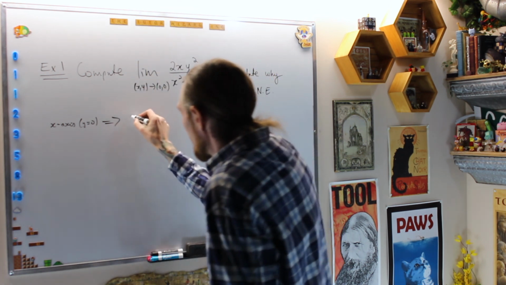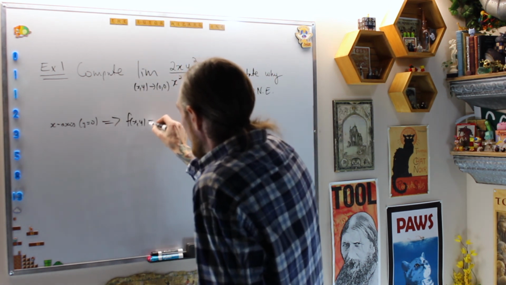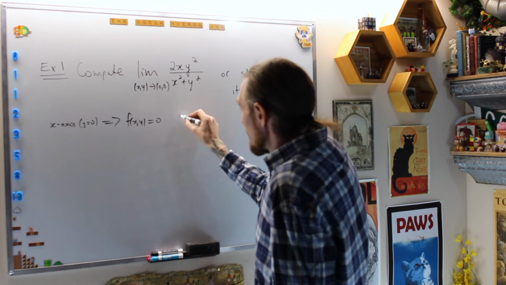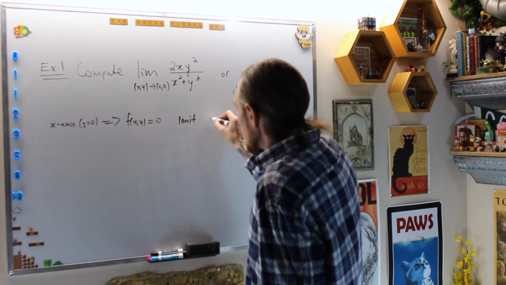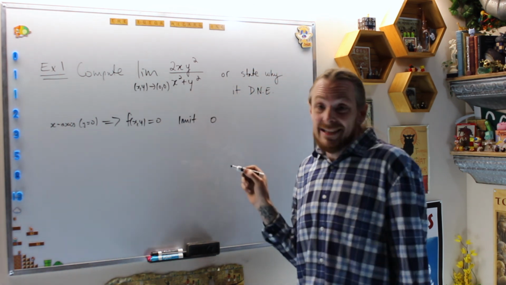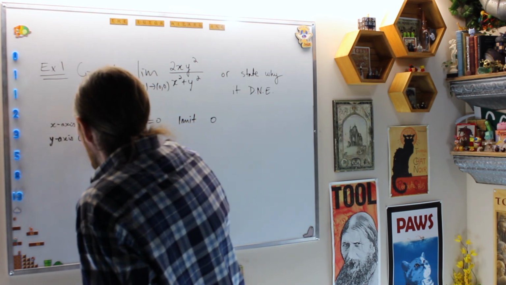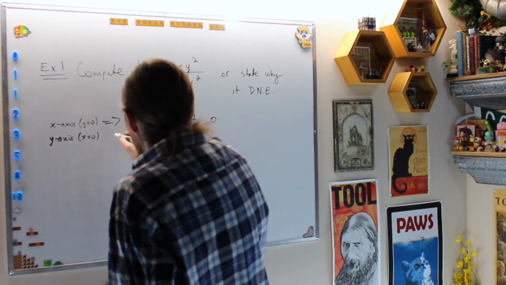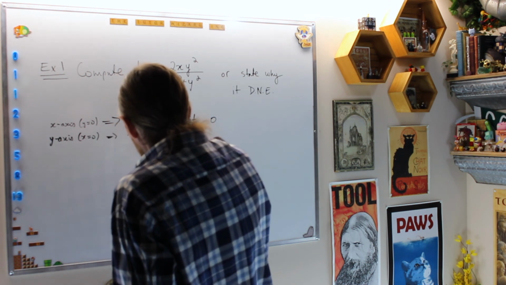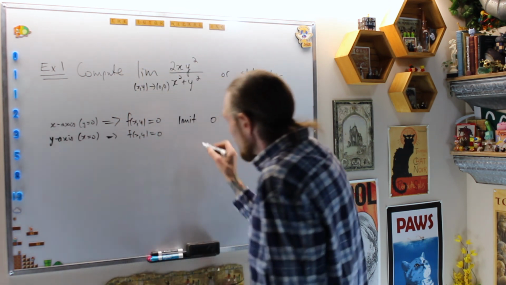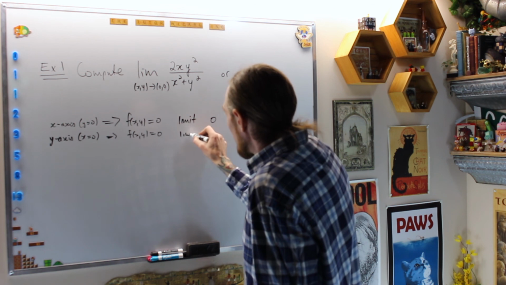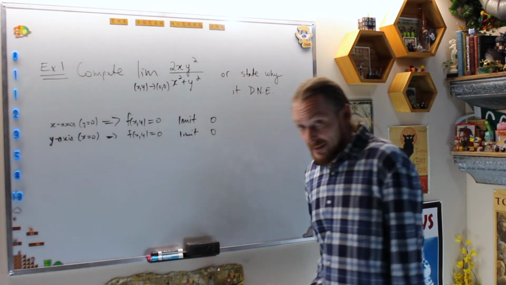This is going to give me f(x, y) is 0 again, which says the limit is 0 along the x-axis. Along the y-axis, if I try another path, that's when x is 0. That's also going to give me f(x, y) is identically 0 along this path, which says that the limit is going to be 0 in this case.